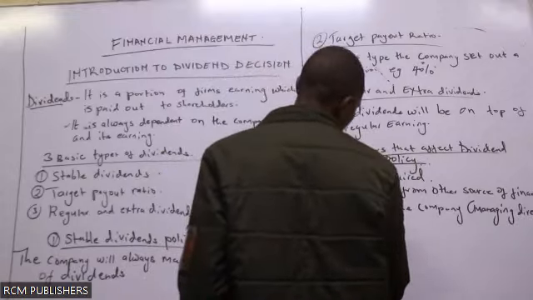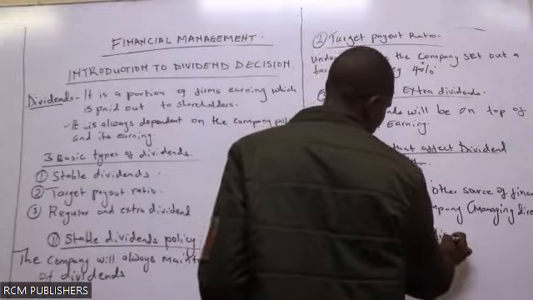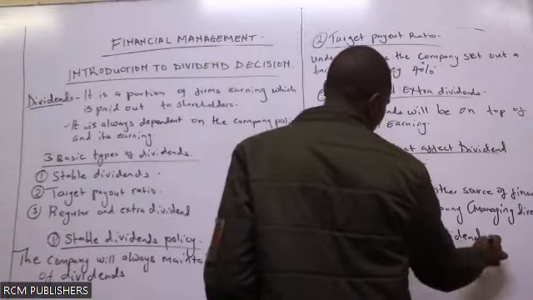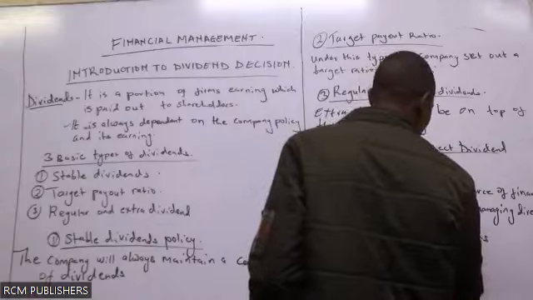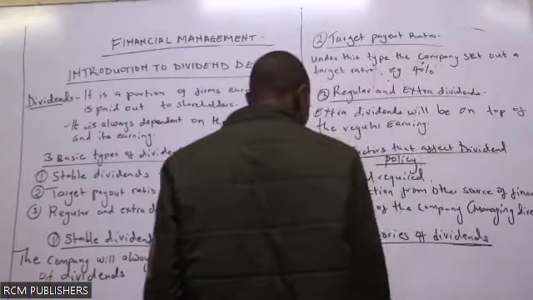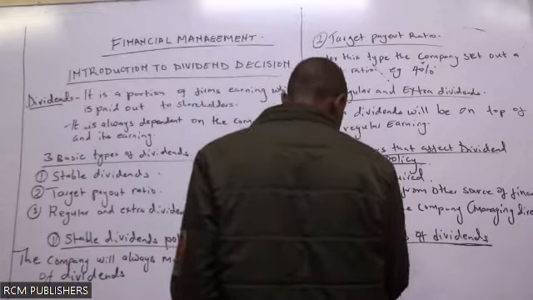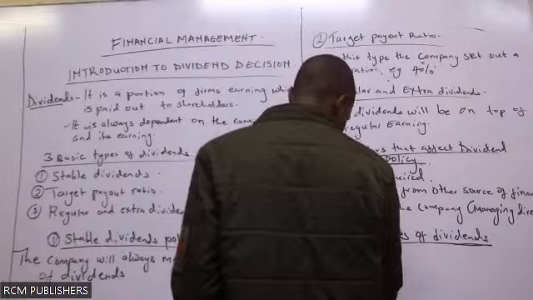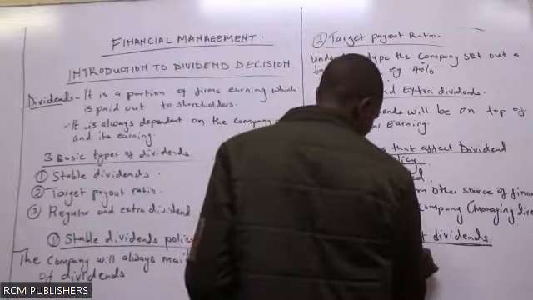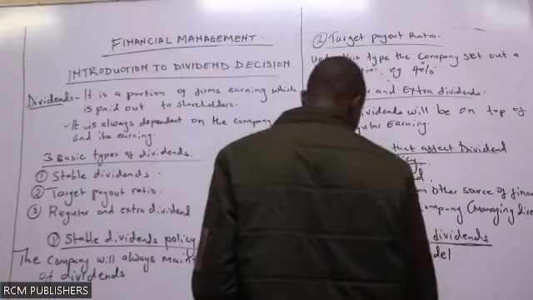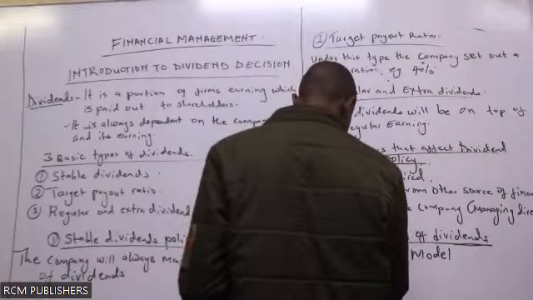We have some theories of dividend. Of course, we have more, but some were removed from the syllabus. So we have the Gordon model and the Walter model. You can call them model or theory, no problem.